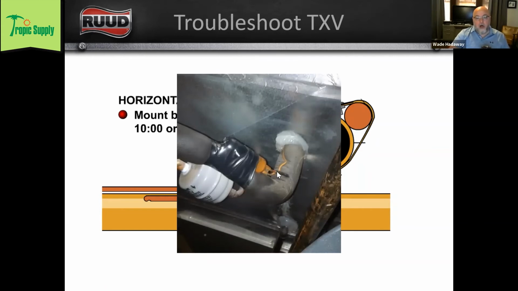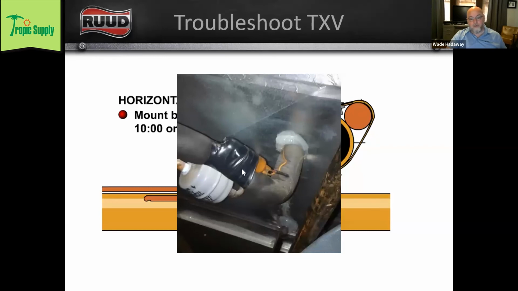I was always taught that this actually should be inverted. So what we don't want is the liquid refrigerant that's in here to just easily flow down here and sit in the power head, right?